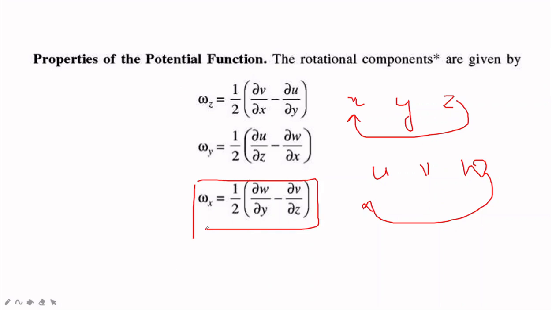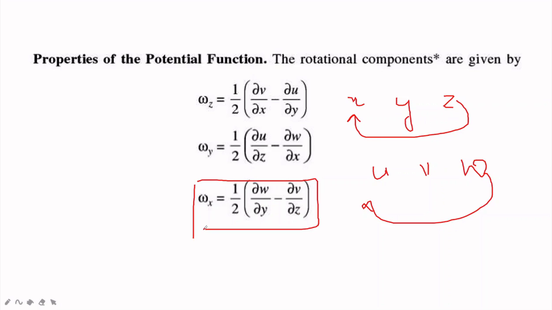So you remember one. For example, we will start with x only. Omega x is equal to half into dou w by dou y minus dou v by dou z. Then for omega y, in place of x put y, and in place of u, what should we put? Sorry, in place of w, what should we put? u, the next in the cycle. In place of y put z, and in place of v put w. In place of z put x. So it is just cyclic.